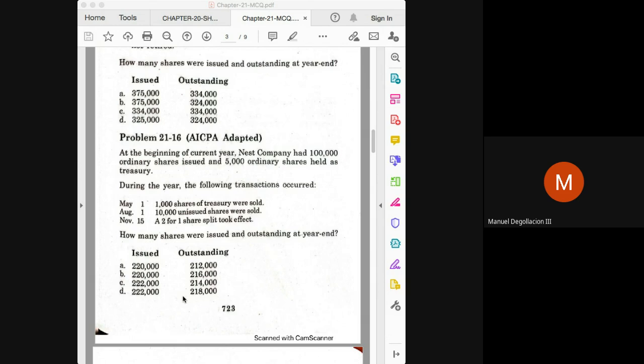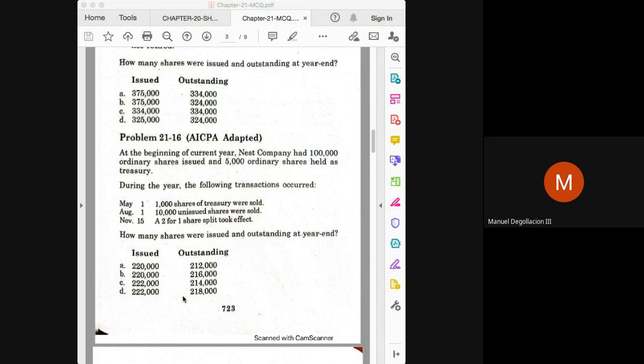This will not increase your 100,000 issued shares. But the August 1 transaction will increase our issued shares because these are from our unissued shares. 10,000 unissued shares were sold. So from 100,000, we will now have 110,000.